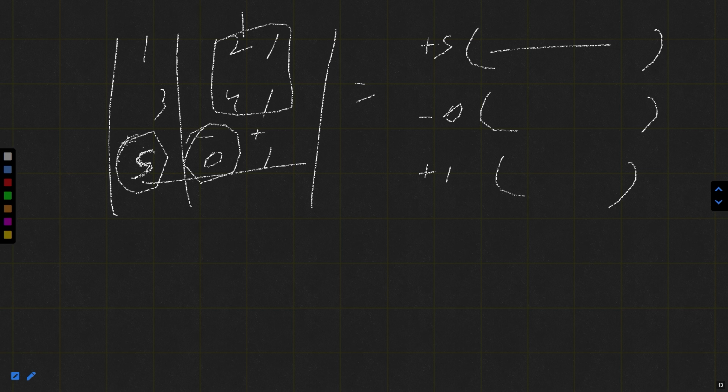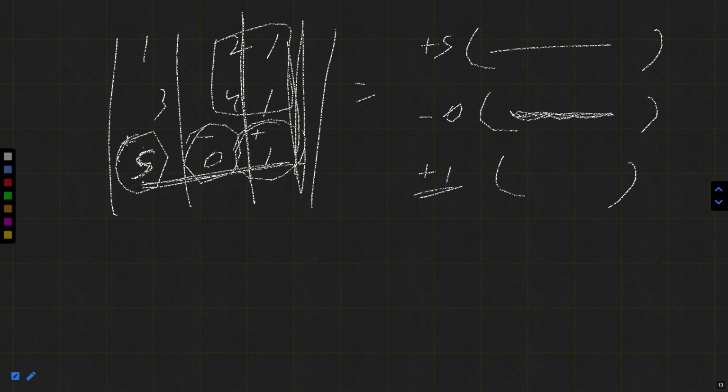If you choose this entry, you will have to eliminate this row and this column. The remaining entries will be multiplied and subtracted here. Choosing this will force you to remove this column and row, and you are only left with these. Now you find the determinants of the 2 by 2 matrices accordingly.